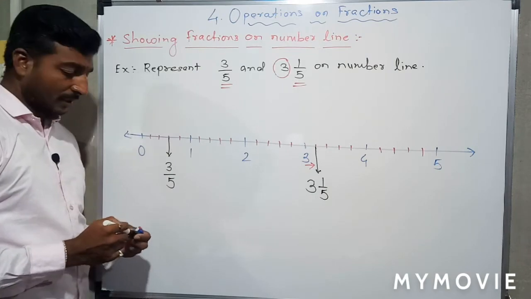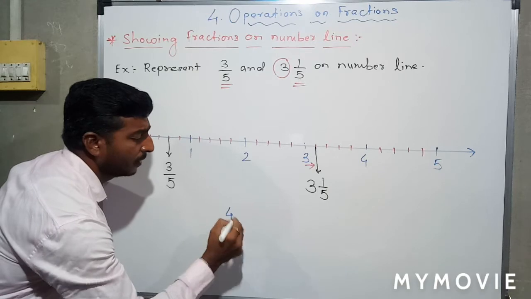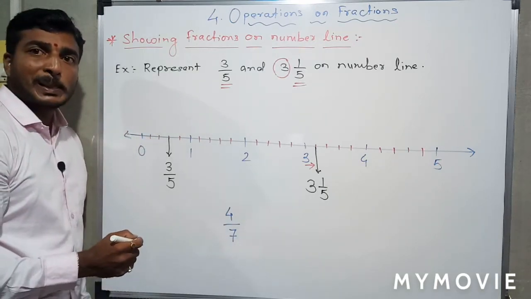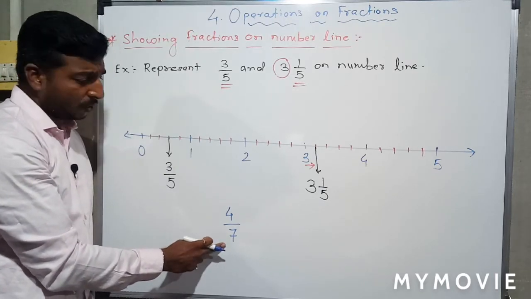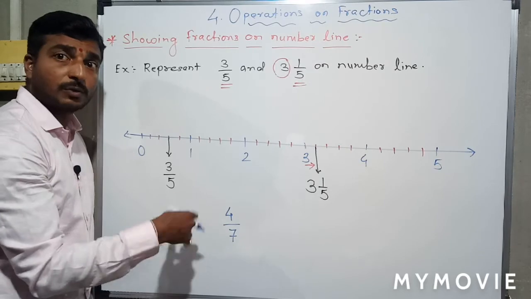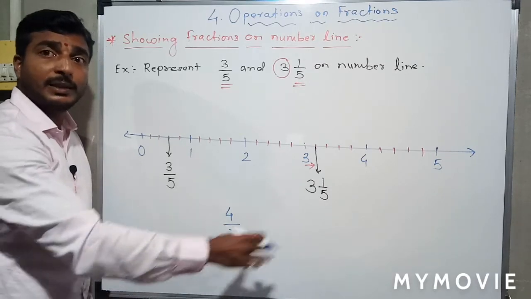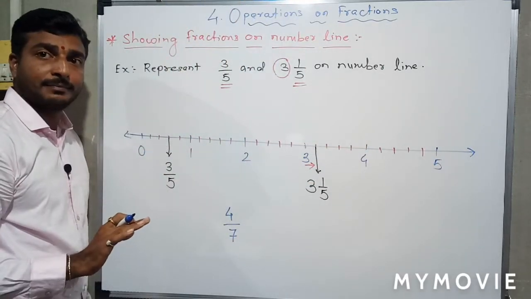You understand this? Now we will take another example: 4 upon 7. Here you have to see what the denominator is, and the question is that you have to represent 4 upon 7 on the number line. So what will you do? You will draw the number line, take the unit distance 0, 1, 2, 3, 4, 5 up to whatever you can take.